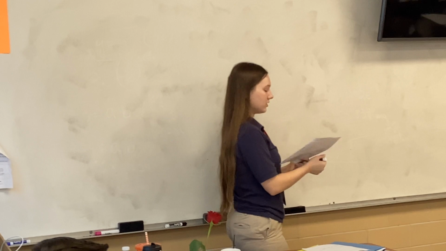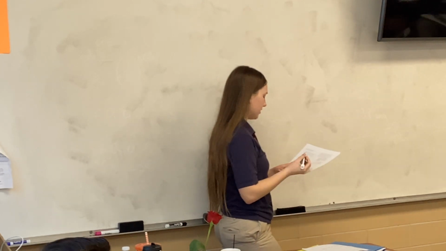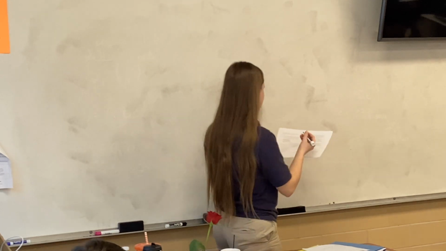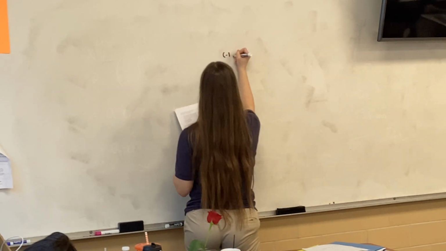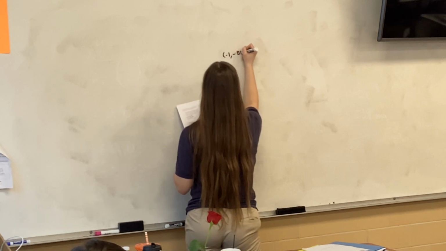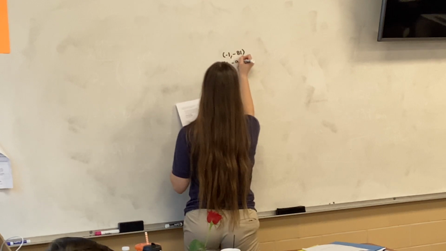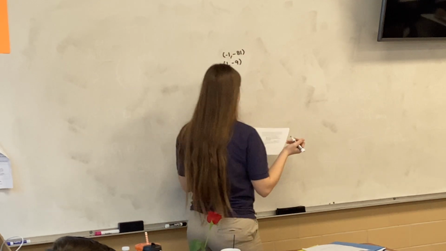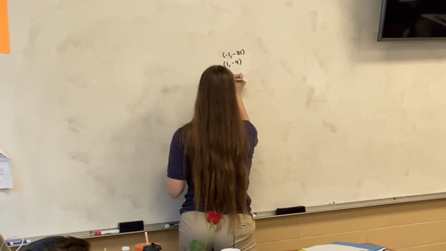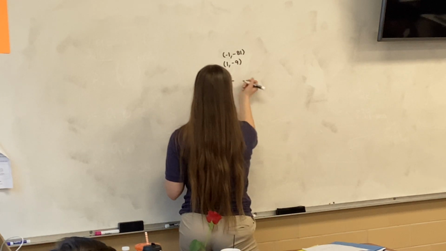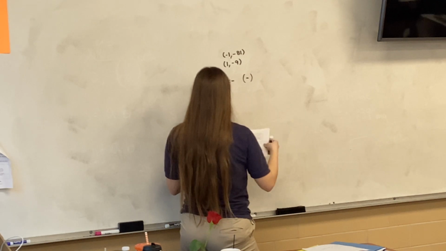We have J. For J, they wanted us to find the equation of the graph, and it gives us 2 points: -1, -81, and 1, -9. Just by looking at the shape of the graph, we knew that in the equation the value here had to be negative and the base had to be a fraction.